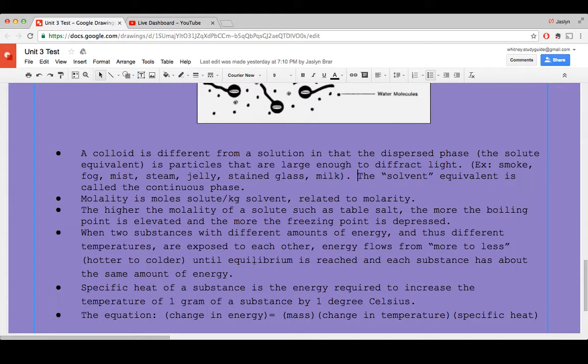And then we're going to get into specific heat. The textbook definition is that the specific heat of a substance is the energy required to increase the temperature of 1 gram of a certain substance by 1 degree Celsius. So this changes for different substances, and I think that's kind of intuitive.